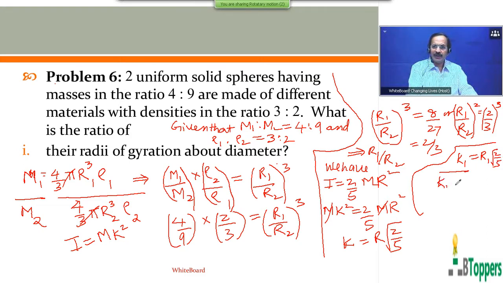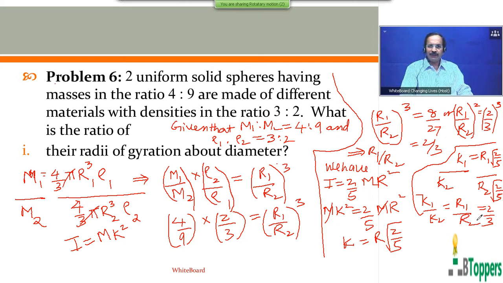The radius of gyration of the second sphere about the diameter is denoted by k2, that you can write as r2 into root of 2 by 5. So k1 by k2 will be the same as r1 by r2, which will be equal to 2 by 3. So the ratio of the radii of gyration of the two spheres about the diameter will be 2:3.